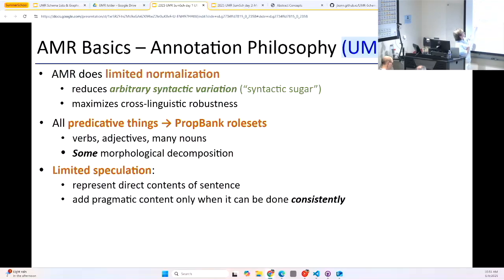Oh, and I didn't say there's a little bit of morphological decomposition that AMR allowed. UMR allows more, it turns out. But for instance, all the examples I can ever think of are horrible.